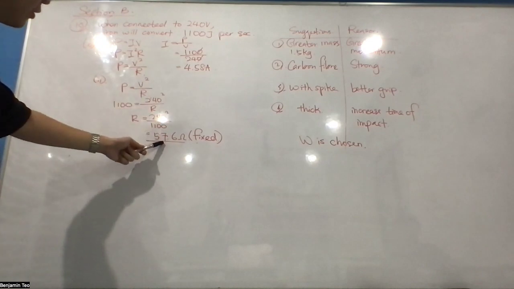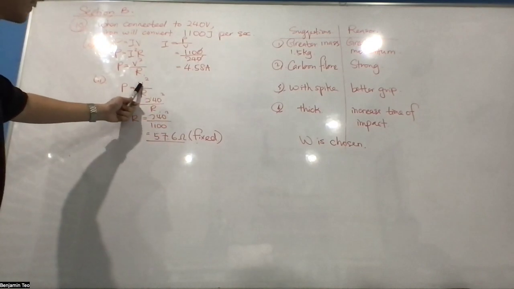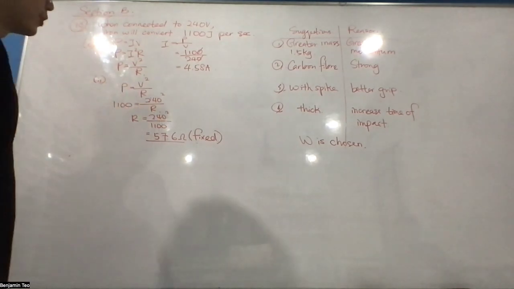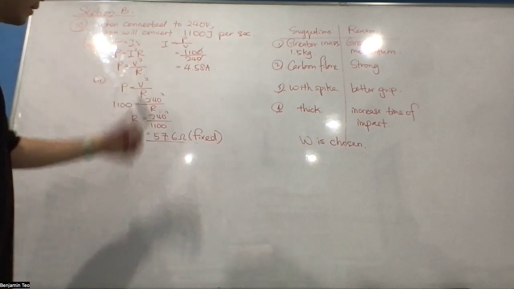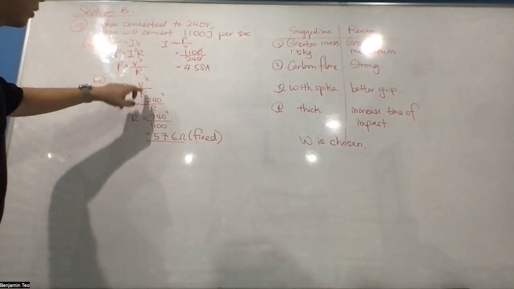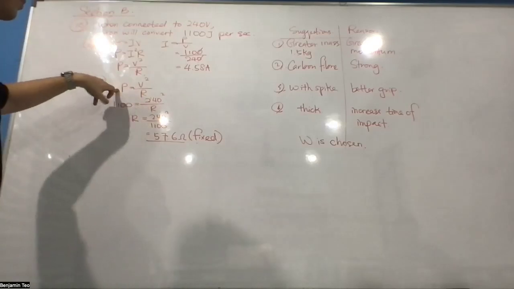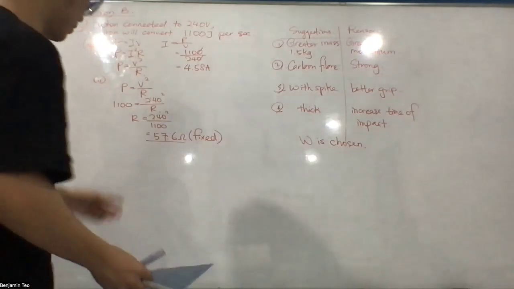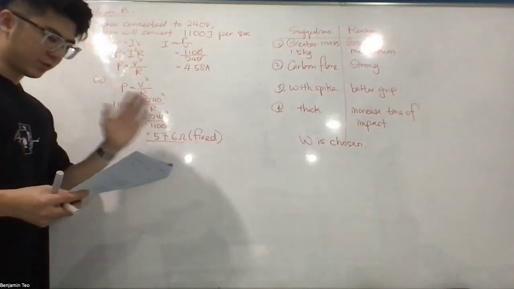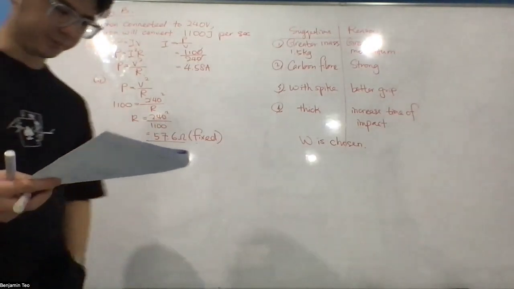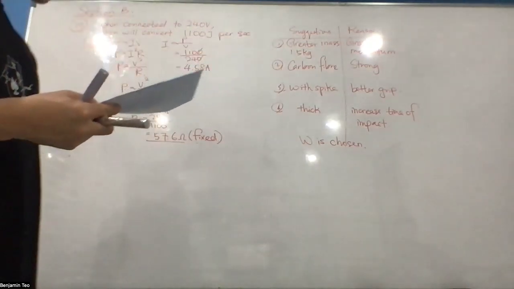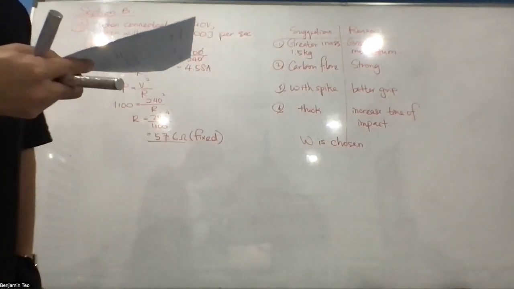Your R is fixed at 57.6, then you put in the new value of V, 120, and you can find its power. If I give it 60 volts, R is still the same, 57.6, then you get the power again. So the resistance you calculated for that component is fixed.